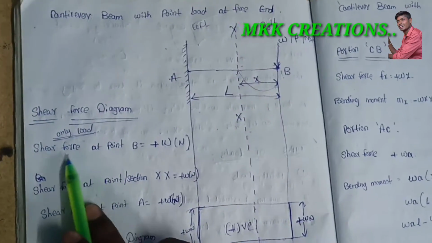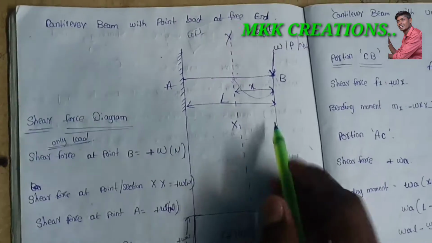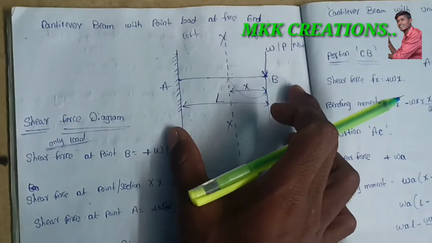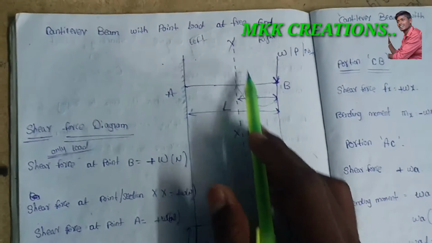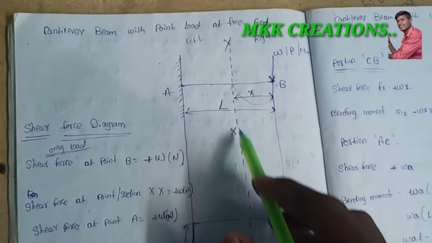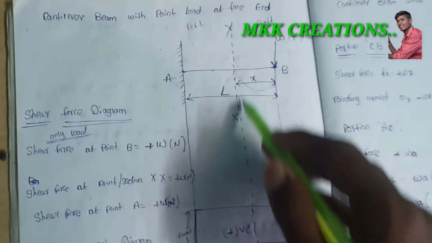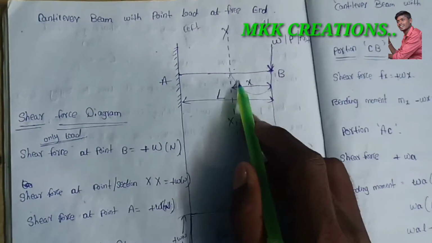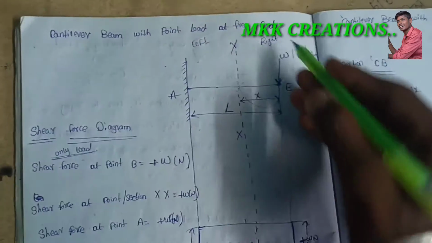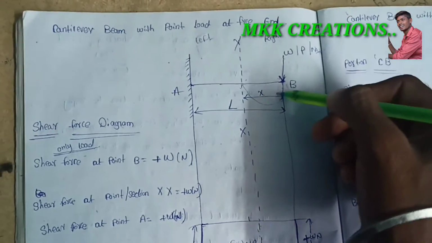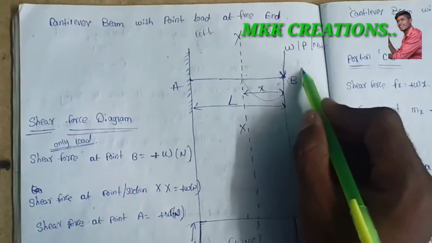Now see, the shear force at point B. First, after drawing this, we want to divide the section, exactly at the center, by drawing a section line XX. After that, from the right side, as we already studied, when the load comes from top to bottom we use a positive sign.